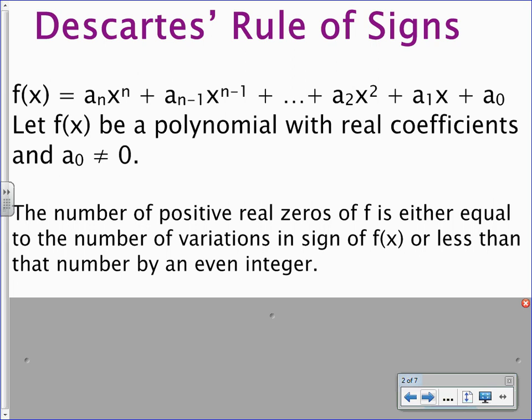So first of all, what do you think it means by sign variation? Like a positive or negative. Right. Okay, so what we're going to do is look at the terms in our polynomial.